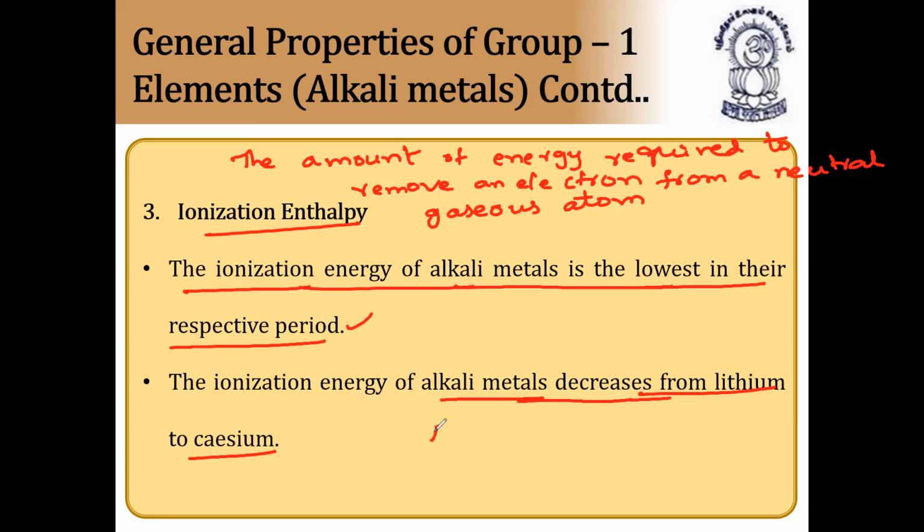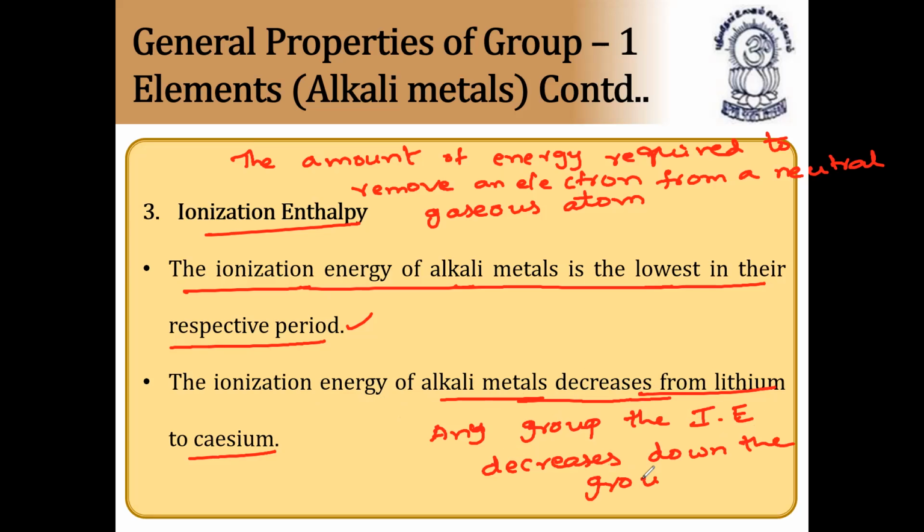So any group, the ionization enthalpy decreases down the group. Decreases down the group means as we go down the group, because for groups we'll see top to bottom and for period we'll see left to right. So that you have to remember.